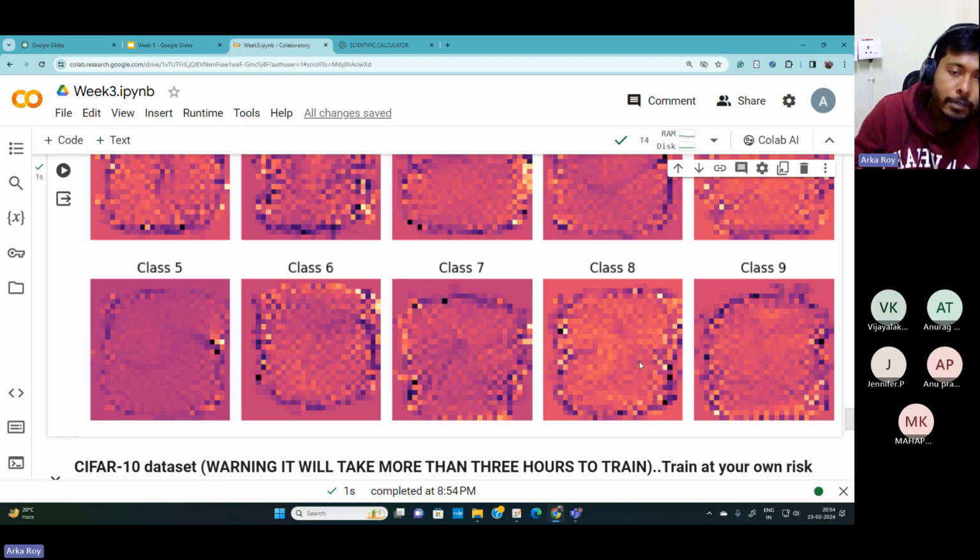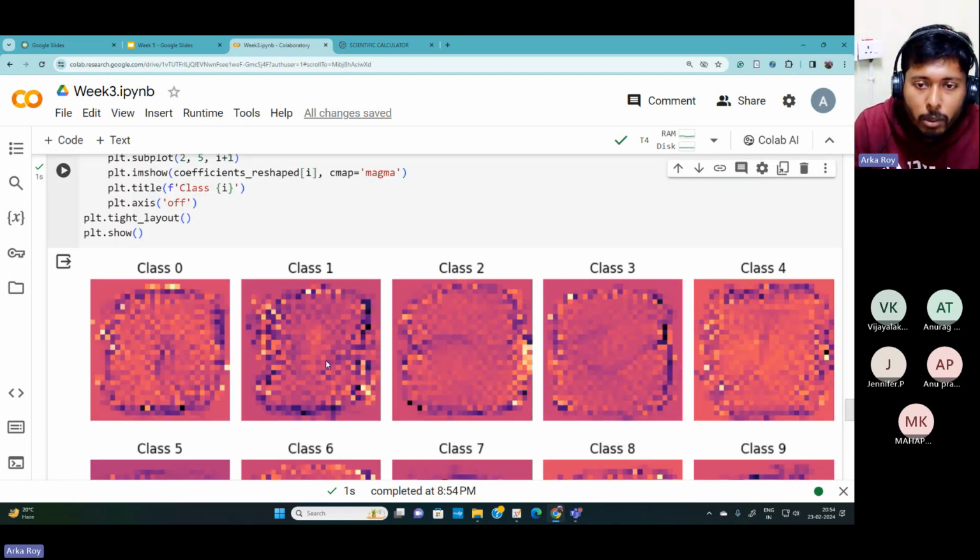In the CIFAR-10 dataset, in the lecture, you would have seen that you can clearly distinguish the template of bird for the bird class, and the template of frog for the frog class. But in the case of the MNIST dataset, you cannot capture very high definition or class dependent templates, but you have some representations.